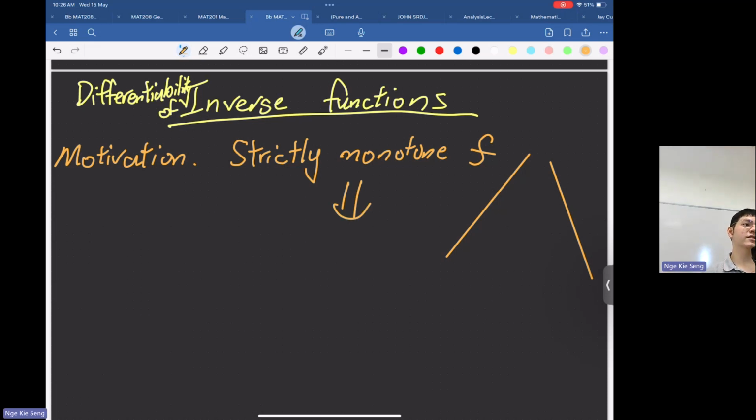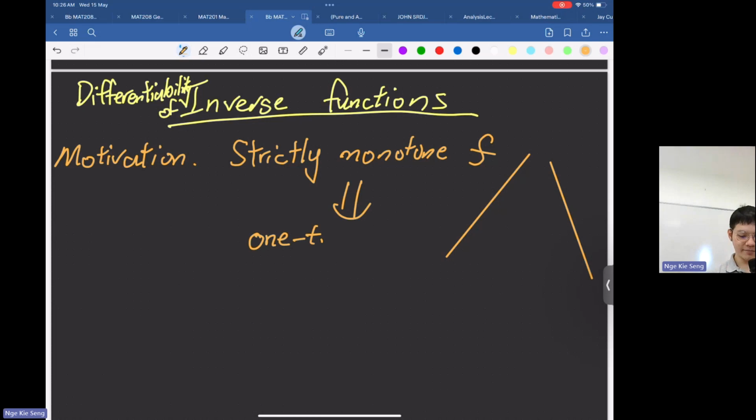For a strictly monotone function, the function is what? Yes, it's 1-to-1. Okay, it's 1-to-1.